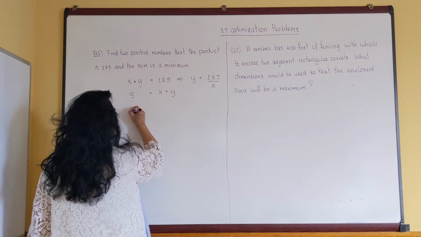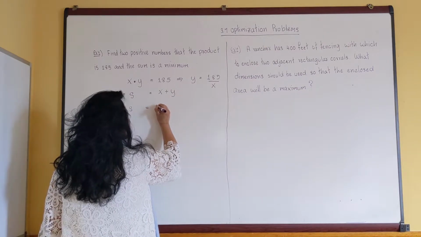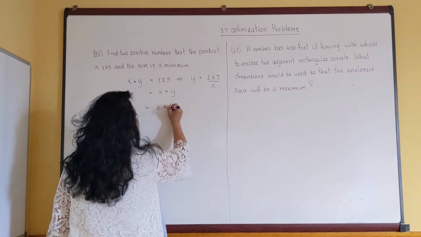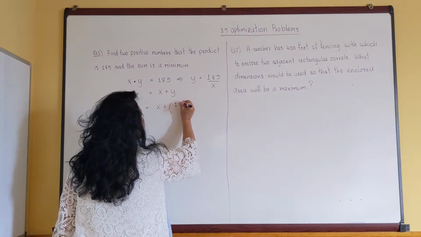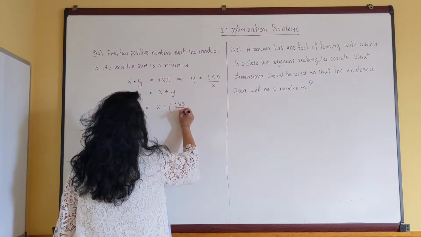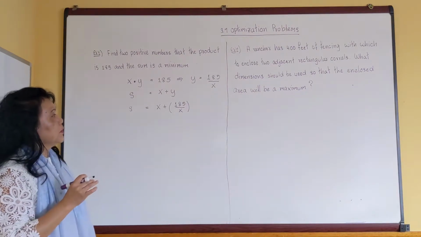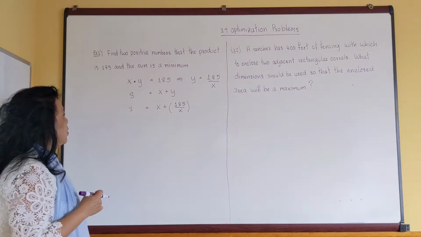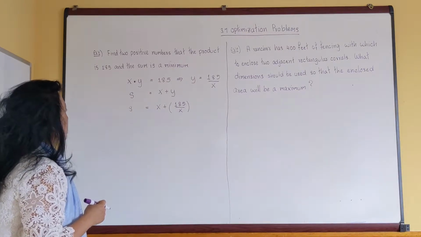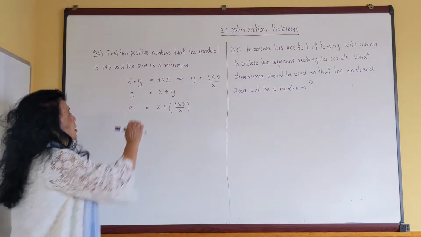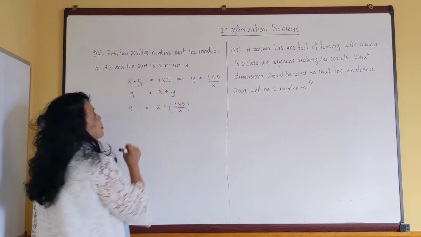So the sum is equal to x plus 185 over x. This way I don't have to carry two variables, I eliminate one variable. And they ask for the minimum of the sum.